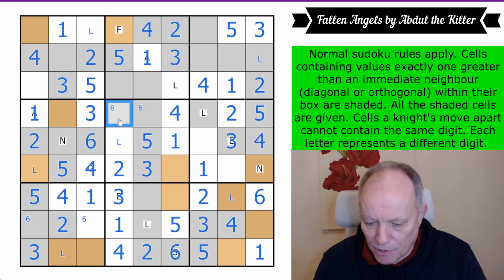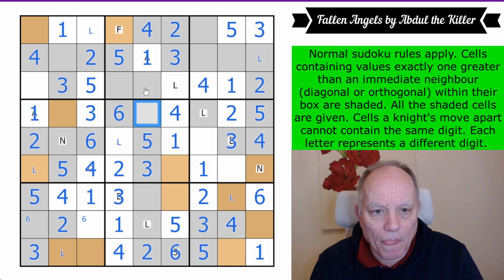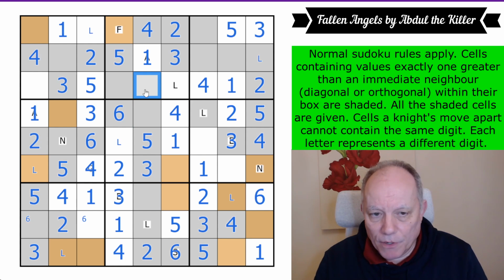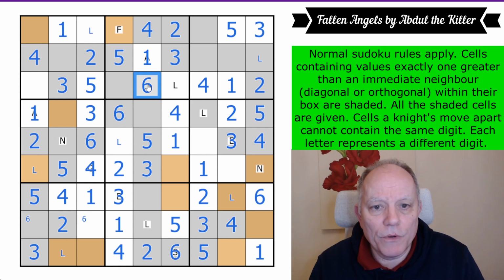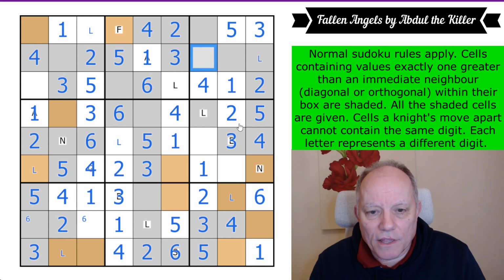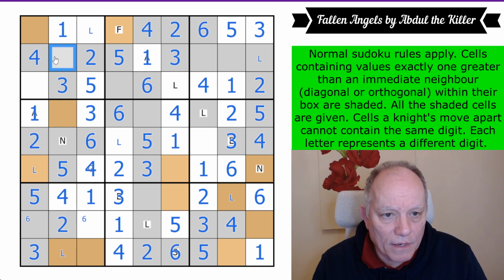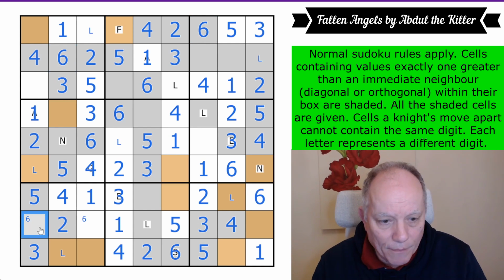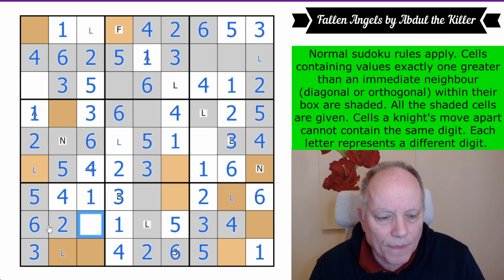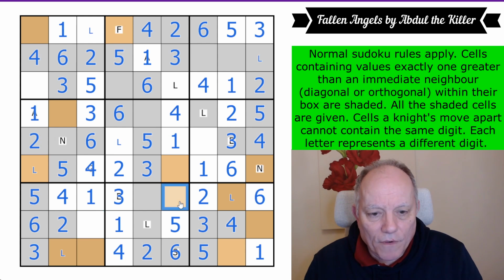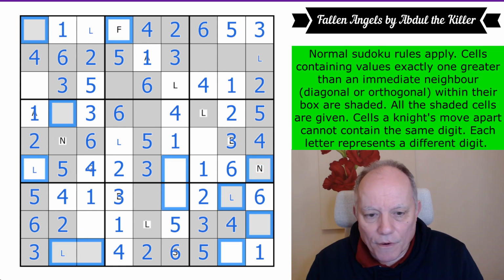Then by knight's move we get it in box 5. By knight's move and everything we get it in box 2. That sees that one. Have we not? Yes, we have got it here in box 6. So we've got it in column 7, and we've got it in row 2, and we've got it in the whole grid.